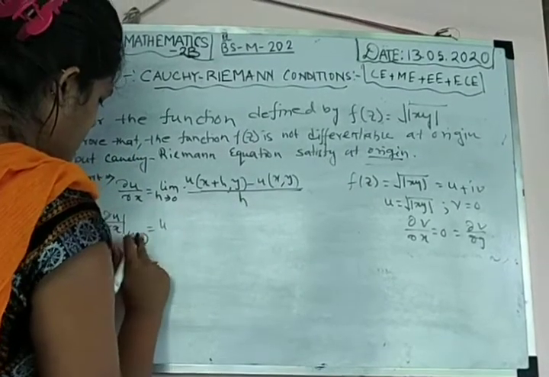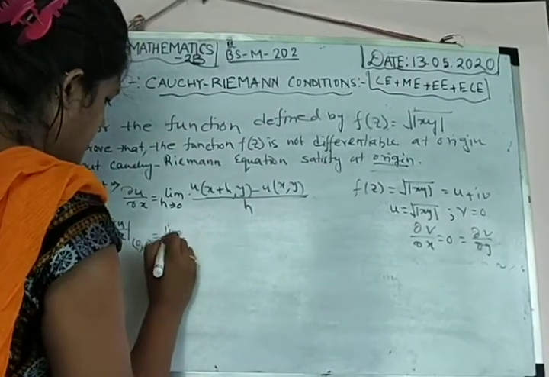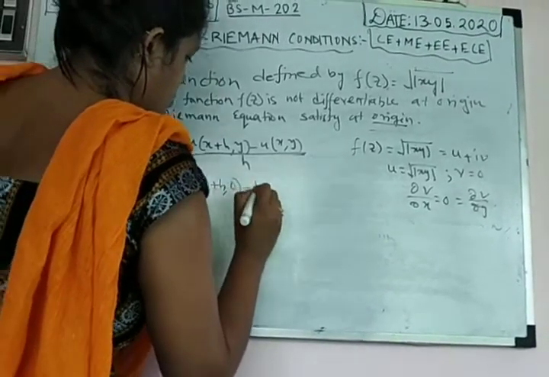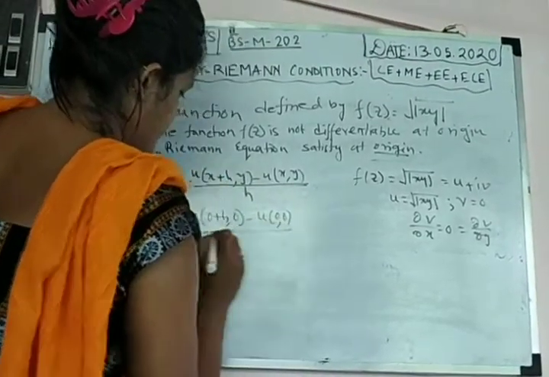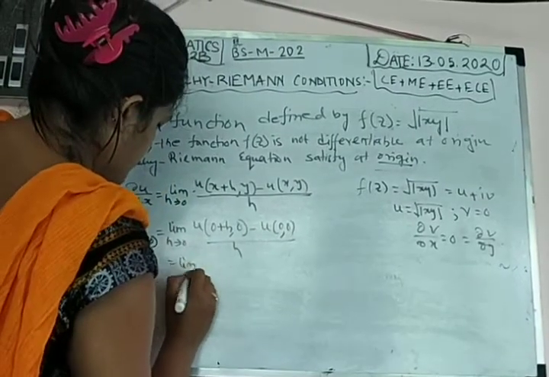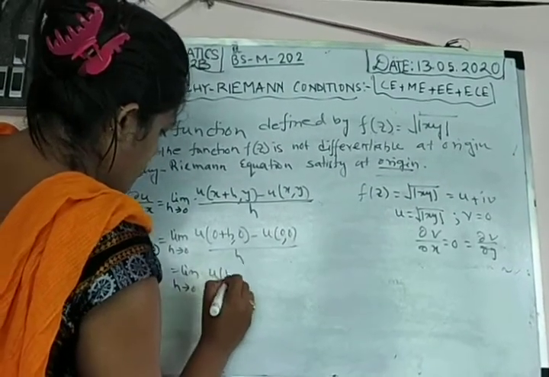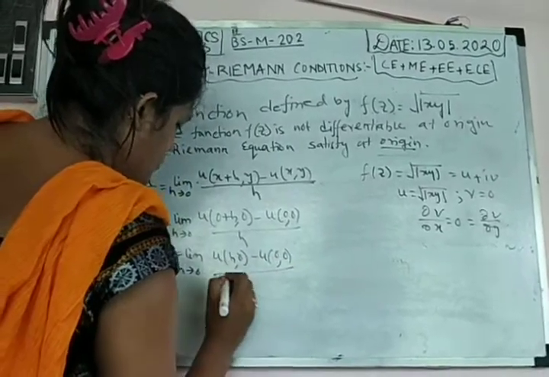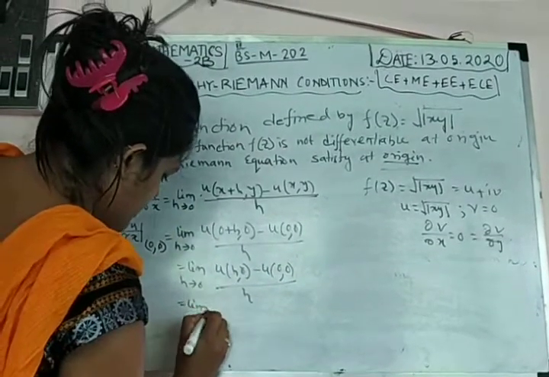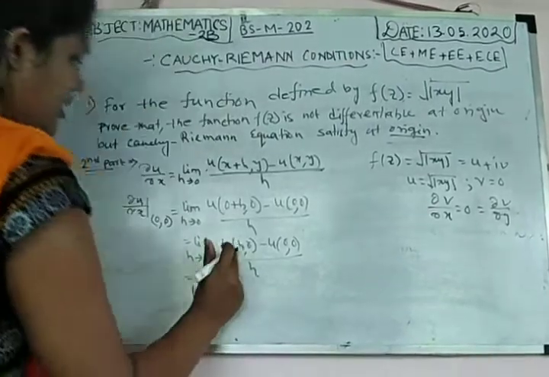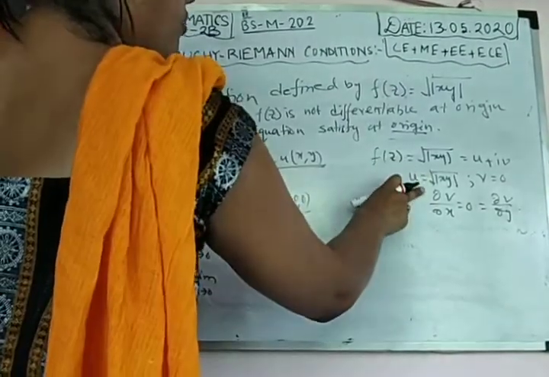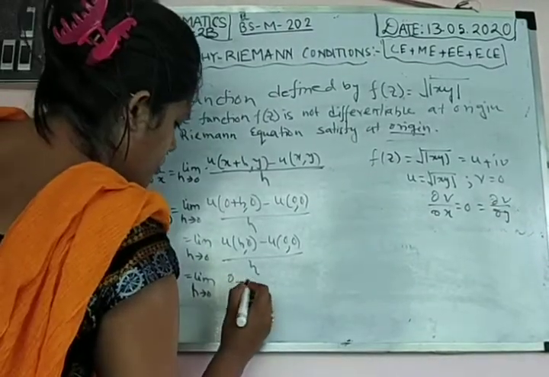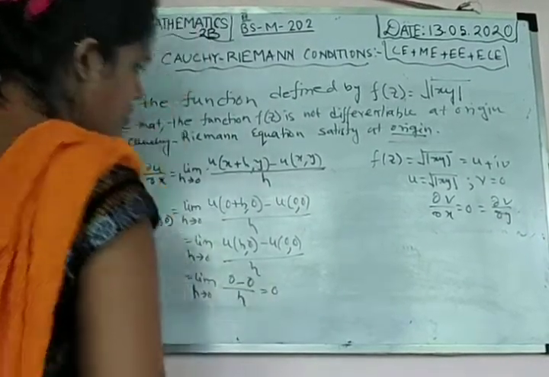So now the limit as h tends to 0 of u(h, 0) minus u(0, 0) by h. Now u of (h, 0), where u equals root over of mod of xy. So x is h and y is 0, so this is 0. 0 minus 0 by h is obviously 0.